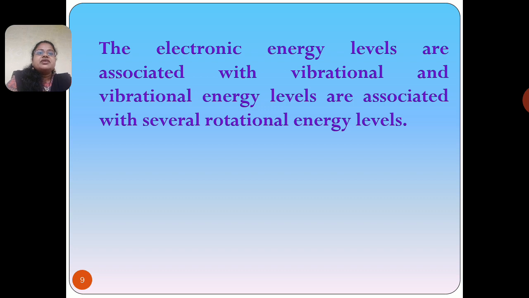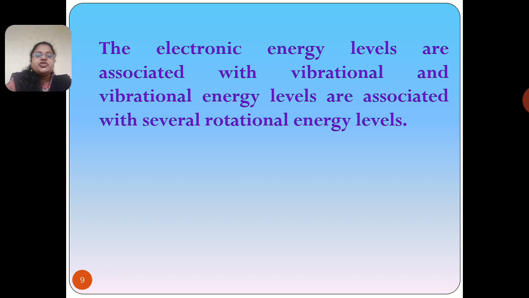The various kinds of energy levels are electronic energy level, vibrational energy level and rotational energy level. These are the three kinds of energy levels.